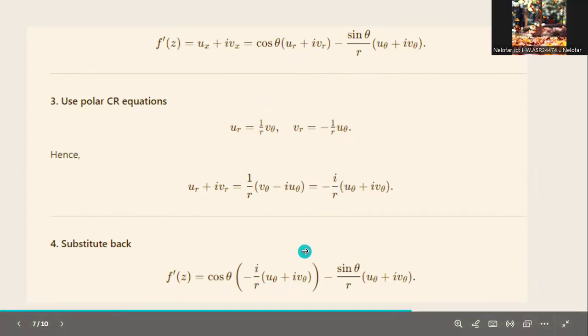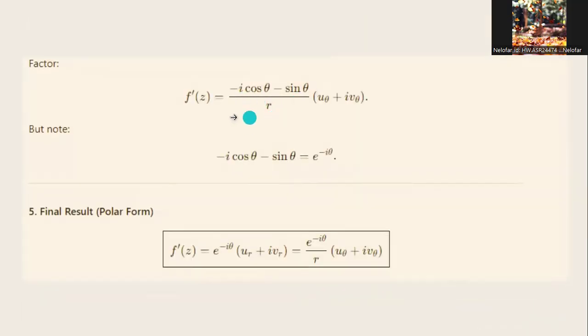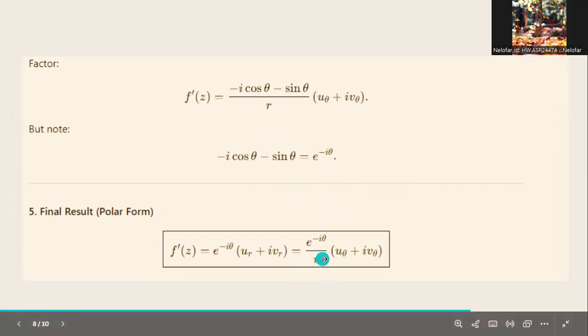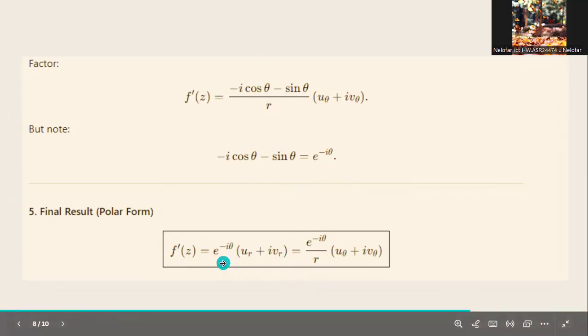So we substitute back in this equation and it becomes this. Here this is shown by Euler's formula as e raised to the power minus i theta, and we replace this with e raised to the power minus i theta in the equation here. So we come up with the polar representation of f prime of z, which is ur plus i vr into e raised to the power minus i theta.